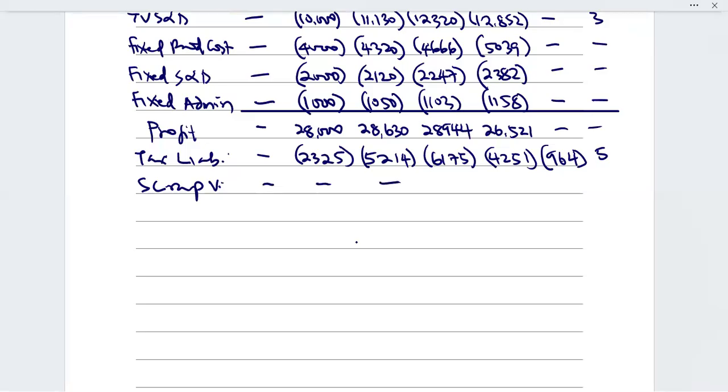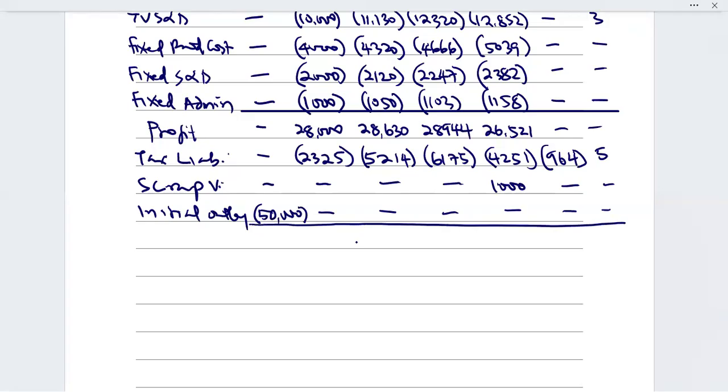Scrap value is 1,000. Then we have initial outlay, 50,000, according to the question. We don't have working capital, so you ignore working capital. So at this point, let's find the net cash flow.